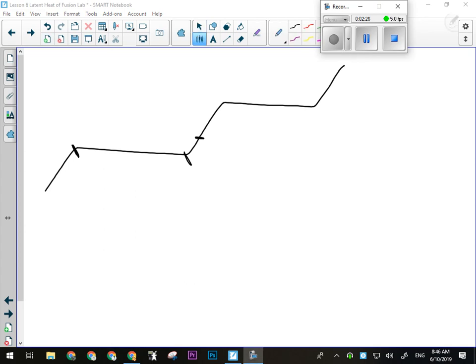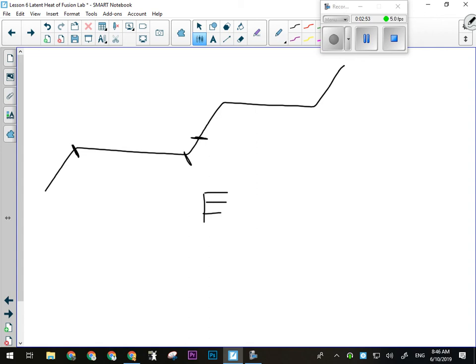Okay, so the water is going to start right about here, okay, and its temperature is going to go down because we put ice in it. Okay, the energy from the water is going to be used to melt the ice. So what we're going to do is calculate how much energy the water loses. That'll be the amount of energy the ice gains. All right. So essentially what we're going to be doing is setting up a mathematical equation that says this.